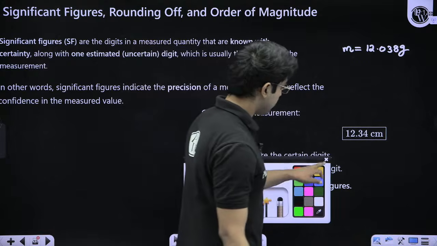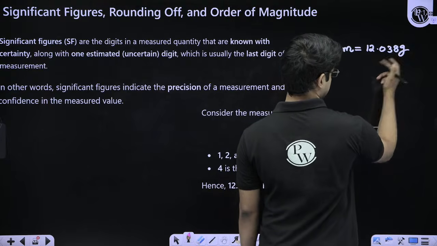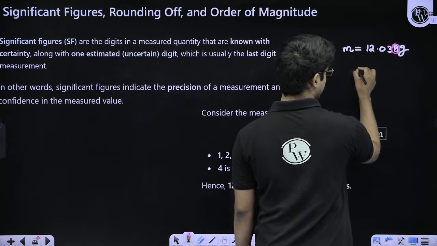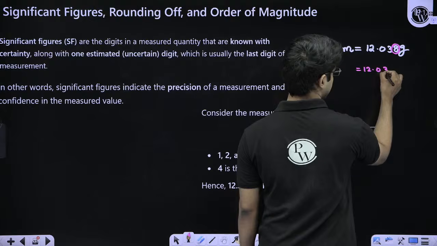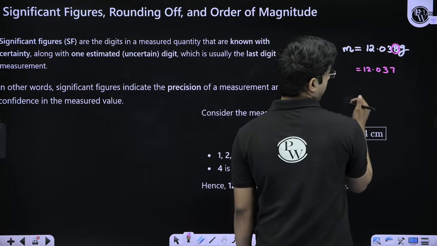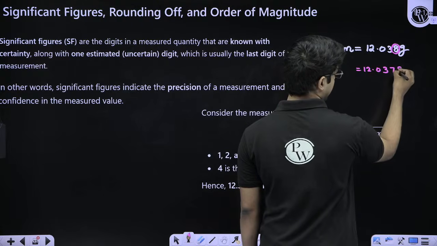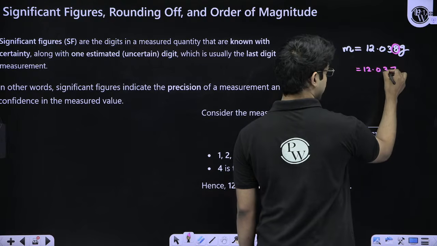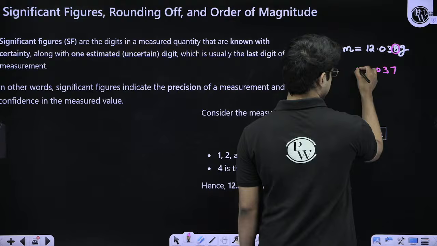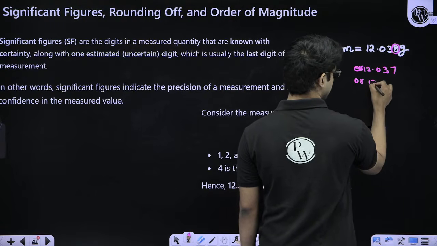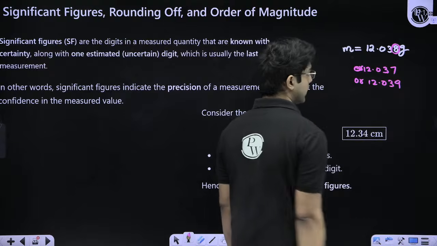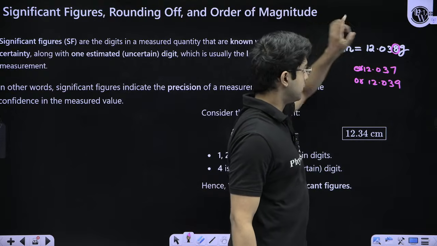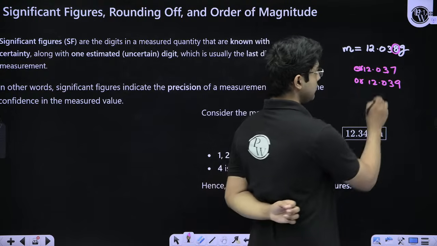Now the thing is, we don't know what comes after this 8. We are not even sure if this is going to be 8. For example, this could have been 0.037, and if the next digit was 7, somehow the device mentioned it as 8. The last digit could have been 7 also, or 9 also, 039. So we are not that confident about this 8. The other digits are fine, but the 8 we are not so confident about.